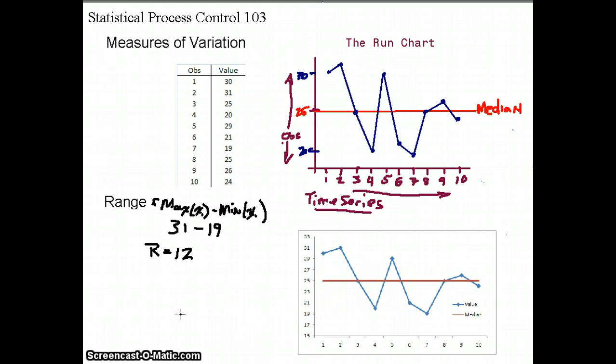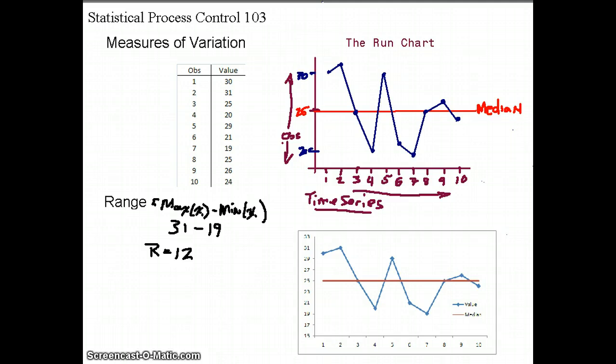Now, that doesn't really help us. We could have a process where all the observations are either 31 or 19, and that would give us a range of 12. And yet we could have another process where every single observation was 25, except for two, one that was 31 and one that was 19, and that would give us a range of 12.